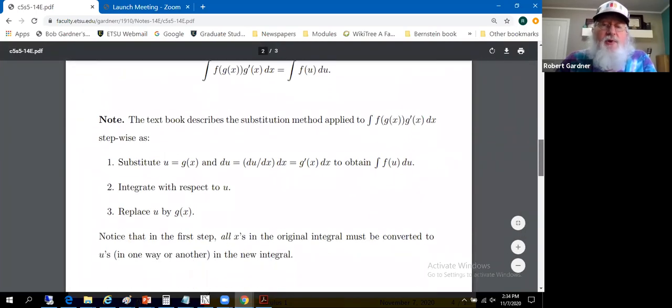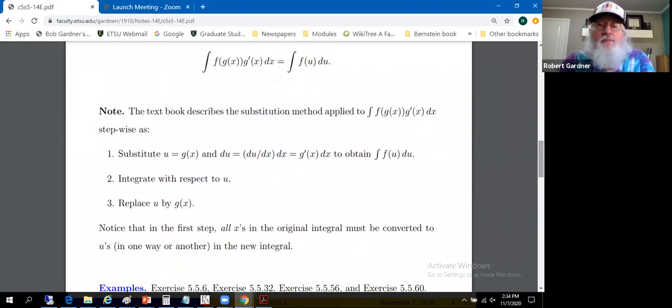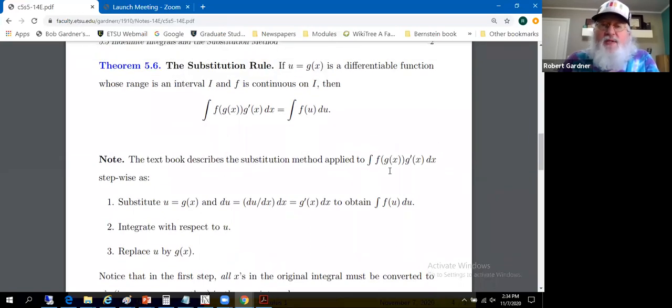The textbook describes u substitution as follows. Applied to an integral of f of g of x times g prime of x, let u equal g of x, compute the differential, g prime of x dx, and rewrite the integral in terms of u's. Theorem 5.6 justifies u substitution.